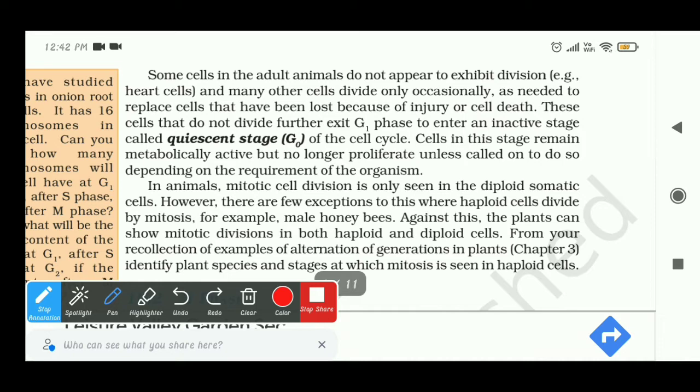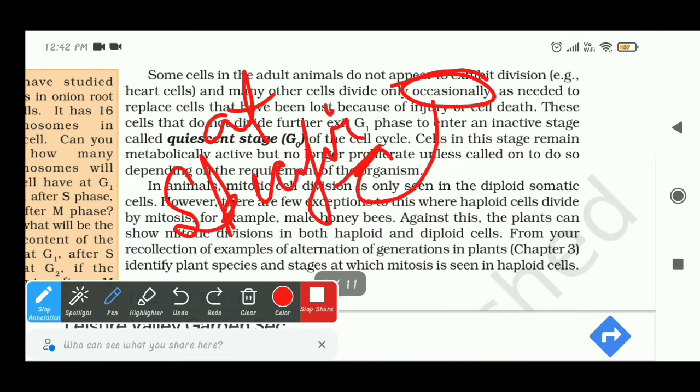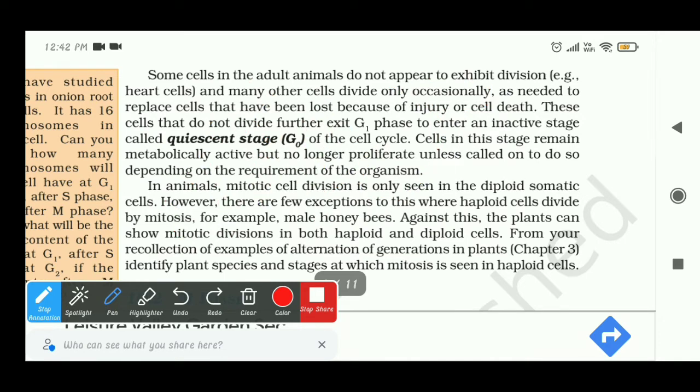Some cells are needed to replace cells that have been lost during injury or cell death. Occasionally means not always, but at specific times, when it is needed.